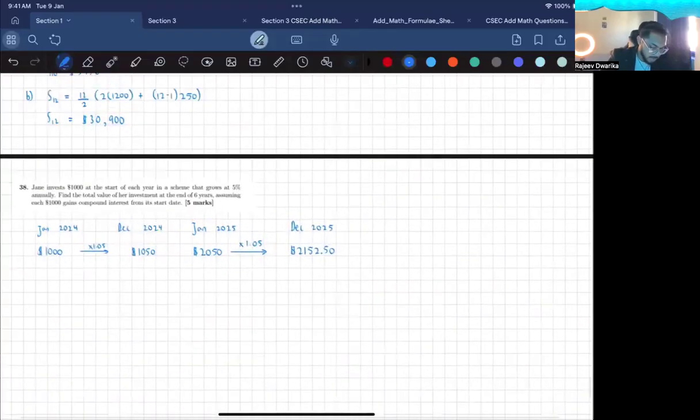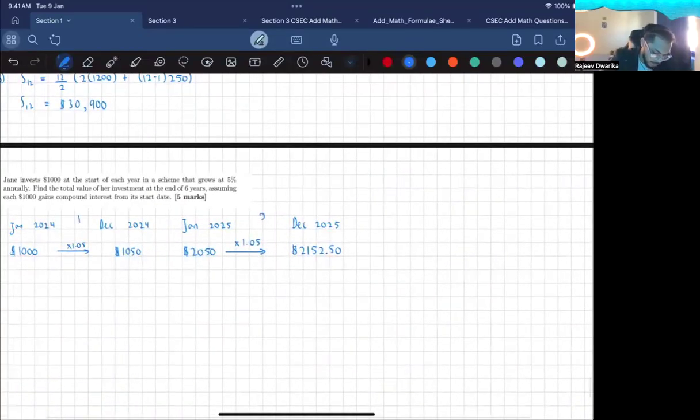All right. So this is year one. This is year two. Now year three. So this is the general pattern. Let's see if we can figure out if it has a common GP. So we're going to generate one more term. In January 2026, how much money would she have now? $3,152.50. Right?